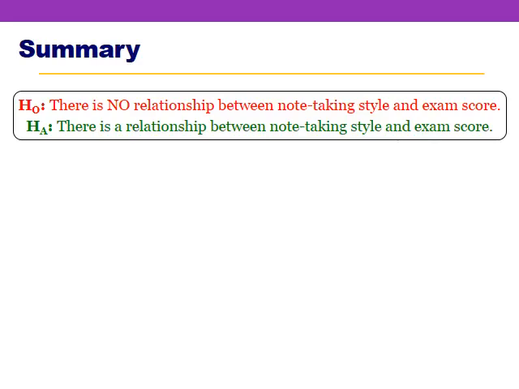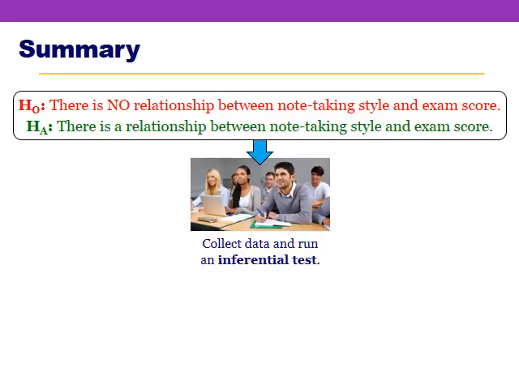The alternative hypothesis is just the opposite of that. It would say that there is a relationship between how you take notes and your score on the exam, or that there is a difference between the two groups of students in terms of how well they do on the exam.